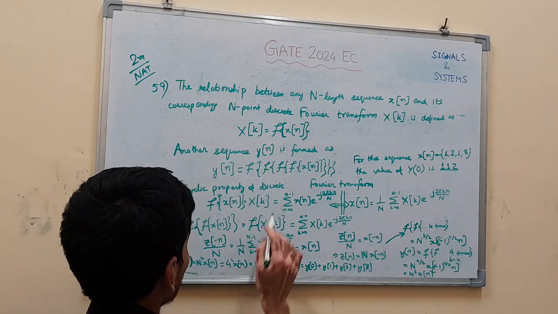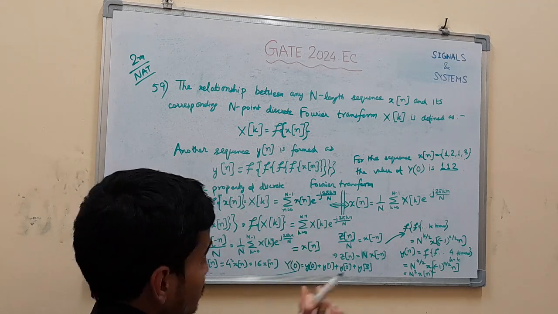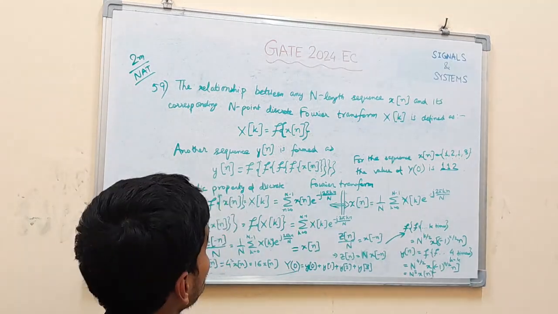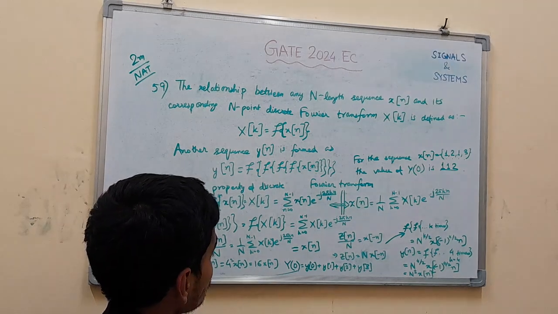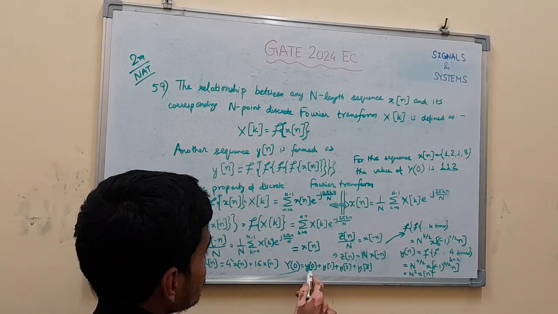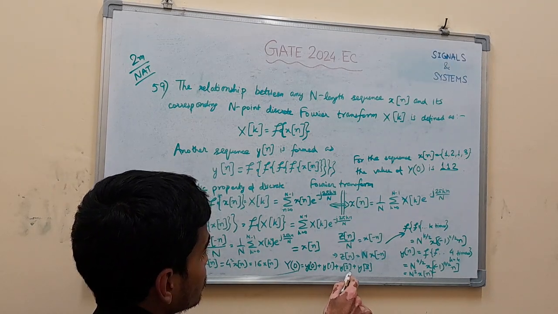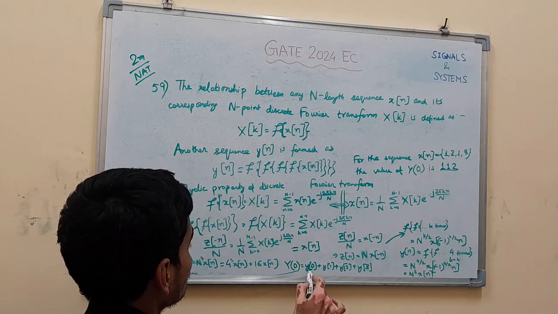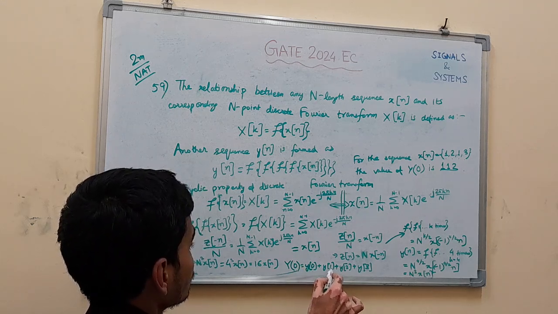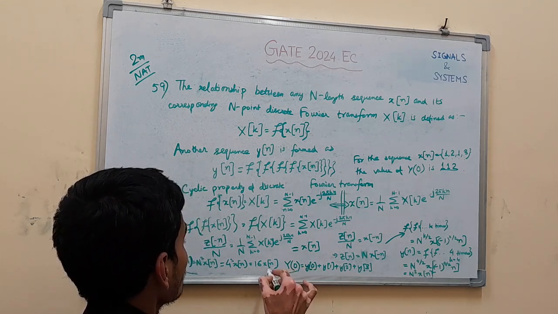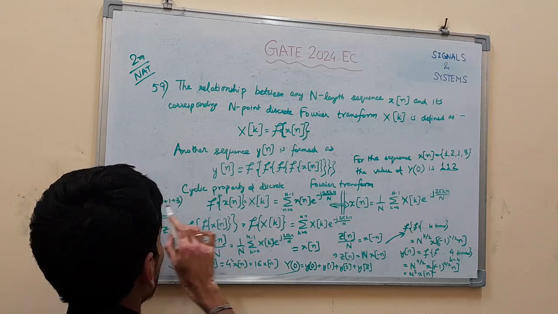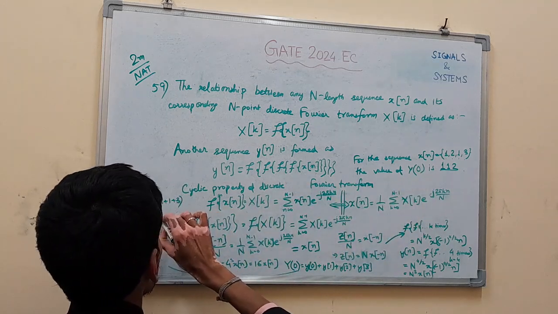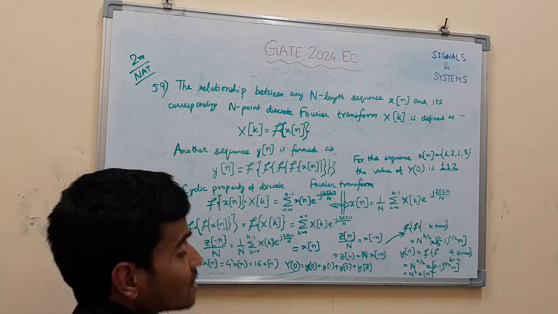So there we put the generalized expression for discrete Fourier transform, we put k equal to 0, we get Y of 0 is the sum of y of 0, y of 1, y of 2 and y of 3, which is nothing but n square times x0 plus x1 plus x2 plus x3, that is 16 times x0 plus x1 plus x2 plus x3, which is nothing but 16 into 1 plus 2 plus 1 plus 3, which we get as 112.